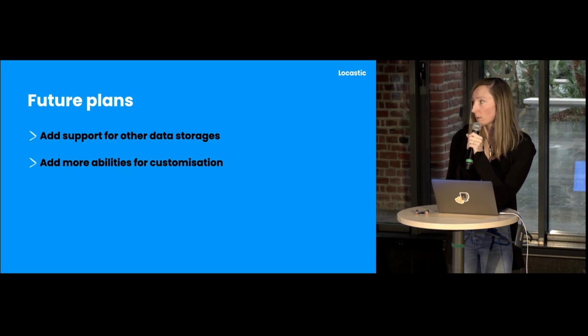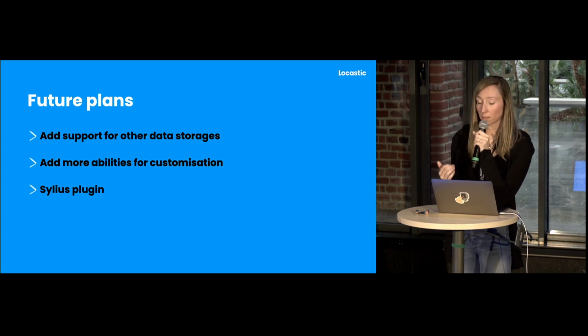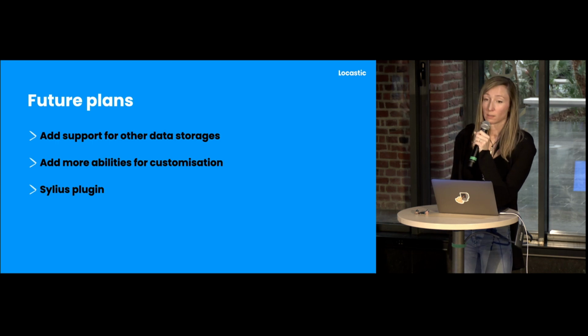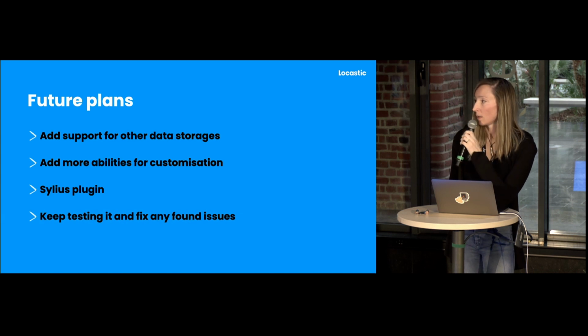We do have some, but we have some more ideas on how to improve it even more. Next one is a Sylius plugin. Since we are already using it on a Sylius project, we already have some views for displaying activity logs, which are made of the Sylius admin components. So sometime in the future, we plan to open source it. And of course, we will keep testing it and fix any issues that we find.